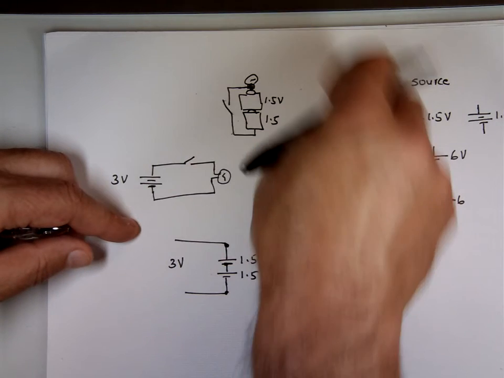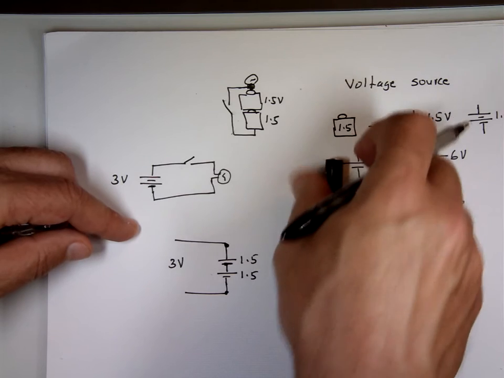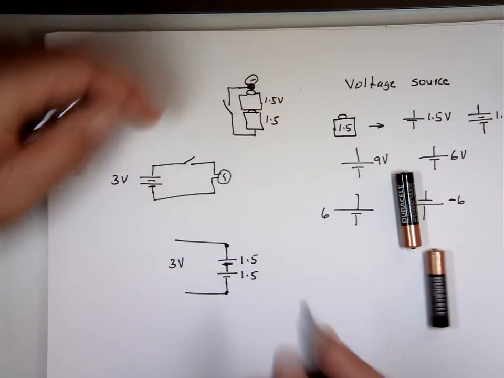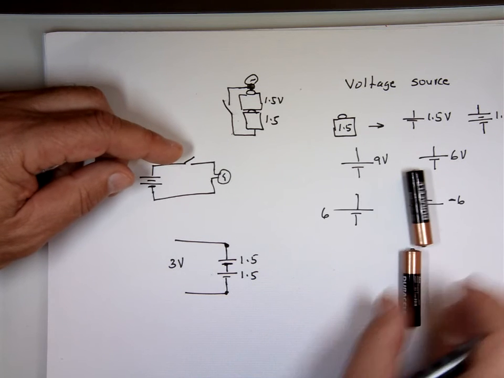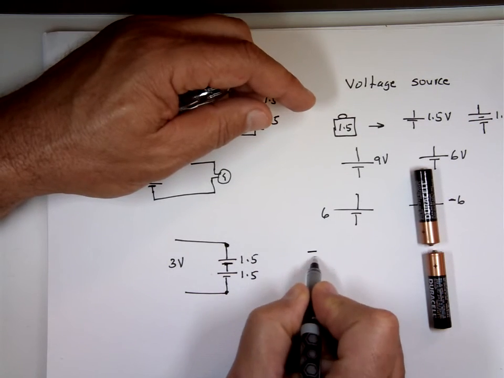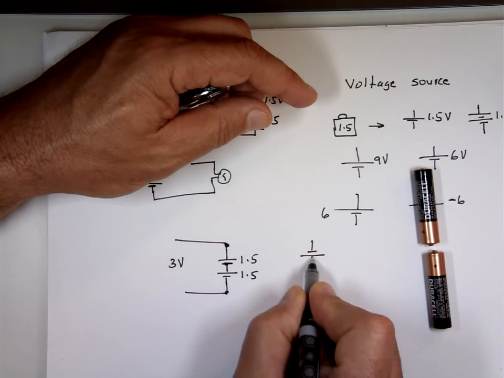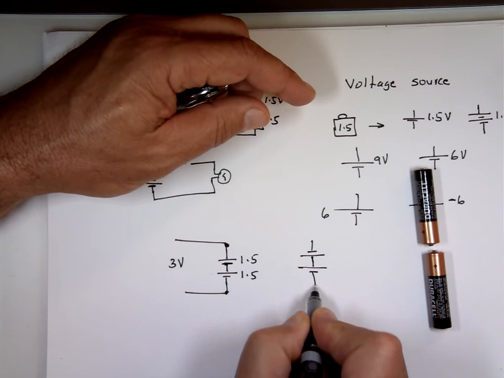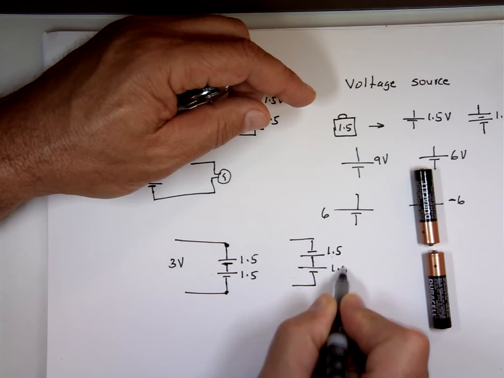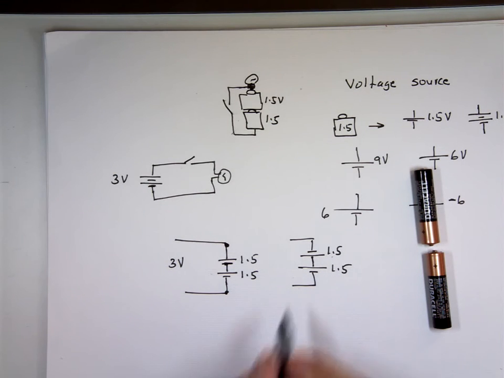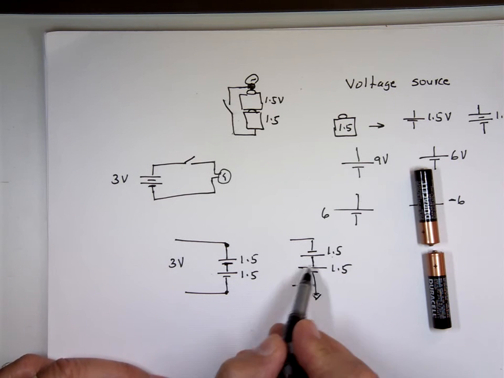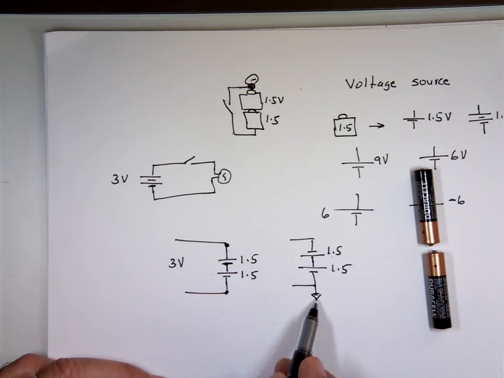Now if I reverse this one, and I put one down, one up like this, so this one basically is reversed now, the top one. So the minus on the top, the plus on the bottom, like this. This is 1.5, this is 1.5. Here's what it means. If this is attached to the ground, this is ground, that tells me this end has to be 1.5 higher than this.